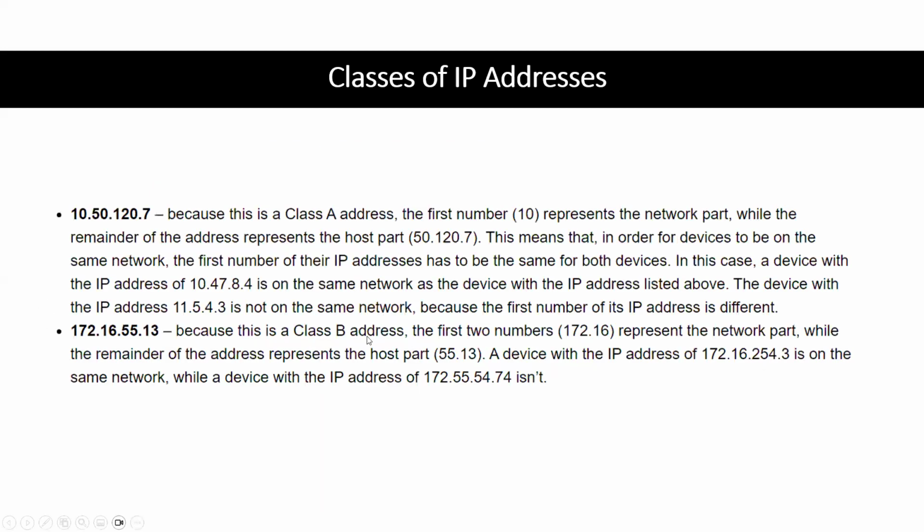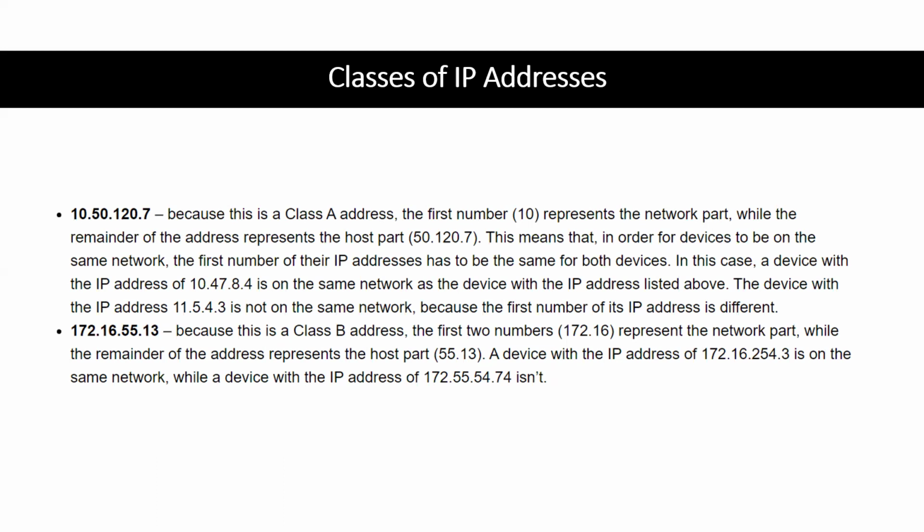Same thing, of course, as what I went over. If we're looking at 10.50.120.7, this is a class A address. The first number, 10, represents the network part, while the remainder of the address, 50.120.7, represents the host part. This means that in order for devices to be on the same network, the first number of the IP addresses has to be the same for both devices.